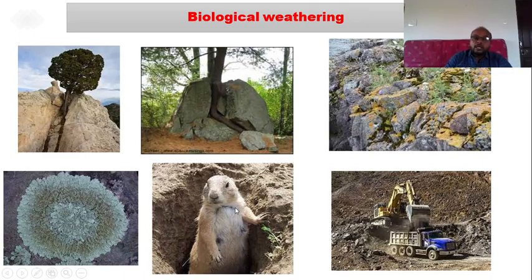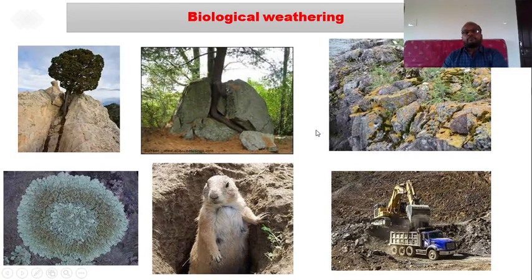There are certain animals, particularly rodents, that also act as a biological agent for weathering of the rock. Due to this acid, these organisms, the plants, and human beings, a large number of rocks are broken down and disintegrate into soil particles, and this helps in the formation of soil.